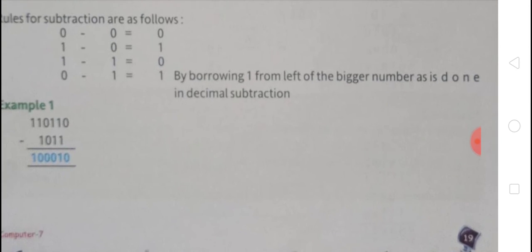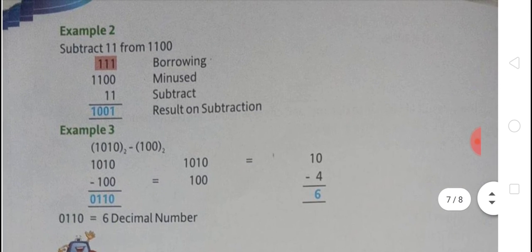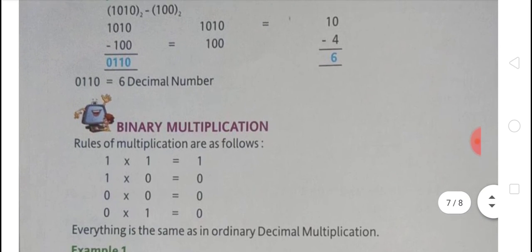What is coming? 1 1 0. 0 is there. After that, there again left, then that will ask from that side. Then 1 1 0. And this is the way it will do.